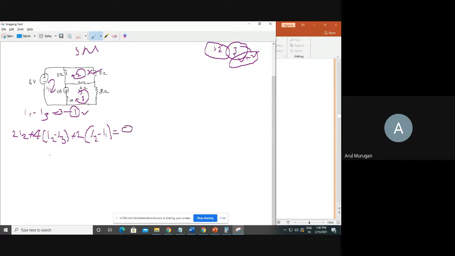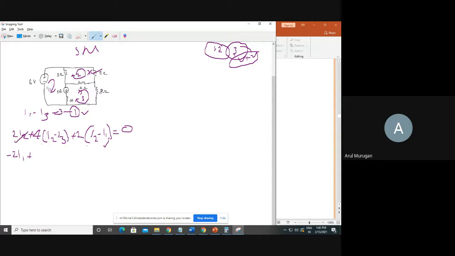Can you simplify the equation? Any I1s are there? Yes, I1s are there. Here is I1. What is the I1 value? 2 into I1, minus 2 into I1, right? Minus 2 I1. Okay, over. How many I2s are there? 2 plus 4, 6. 6 plus 2, 8. See here, 2.